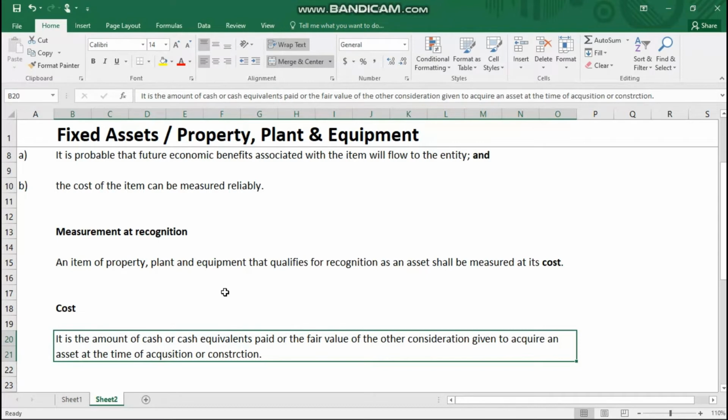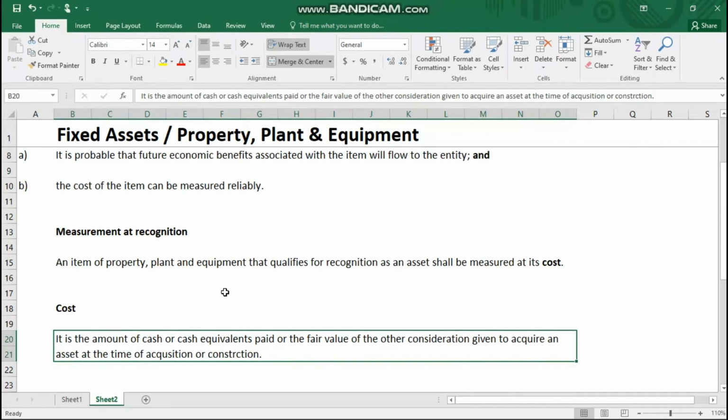The value will be determined like whatever the value is assigned to the asset or any other thing that you are giving in consideration, the fair value of that item will be considered as the cost. Okay, so we'll see this fair value thing later. Just keep it aside for now, because there are further implications in that. We'll see that later.